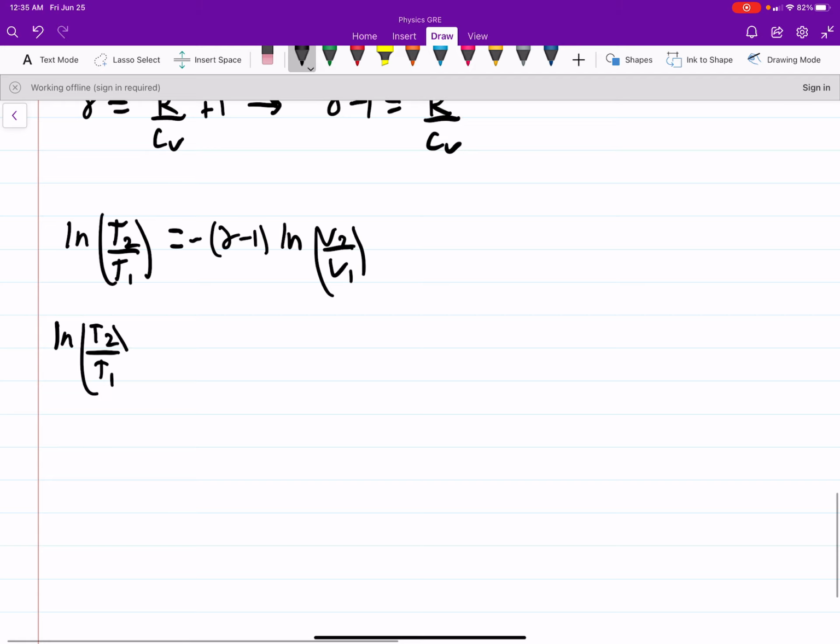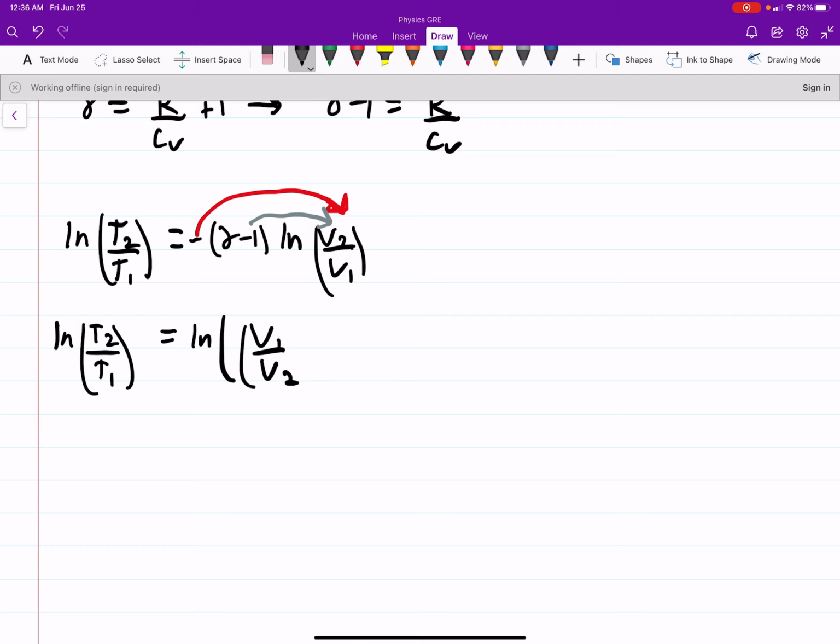We can use our properties of logs. These can go into the exponents, as can this guy, whatever's out front of our log. Now, if we plug the negative up there, that's just going to flip the order. So that's going to make that V1 over V2. And then we have our gamma minus 1 up there. Okay? That's all that's doing, is flipping the order.